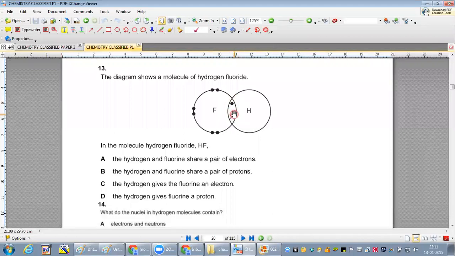The orbits are overlapping, they are sharing the pair of electrons.